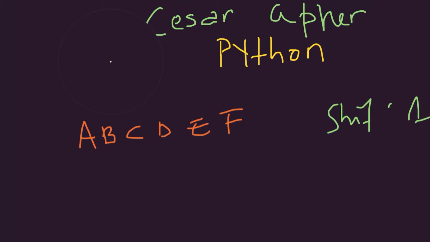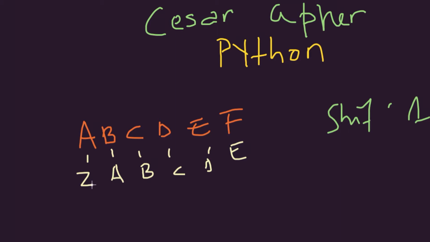So your final answer is going to be: your B will become your A, like you jump 1, like you shift 1. You see? So you have a B here, you have a C here, your D, your E, etc. And then your A will become your Z. So basically, this is how Caesar cipher works.